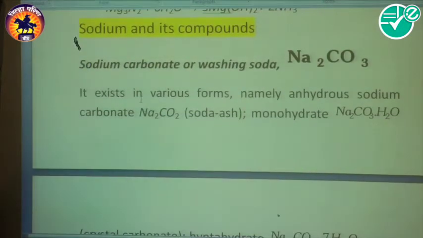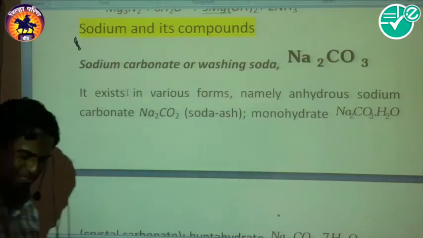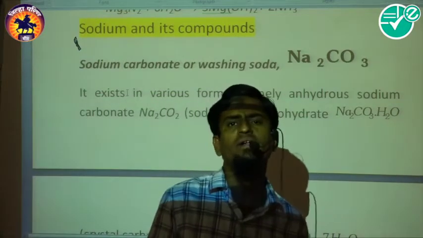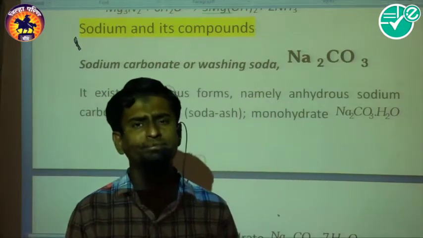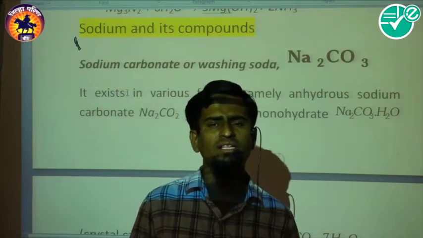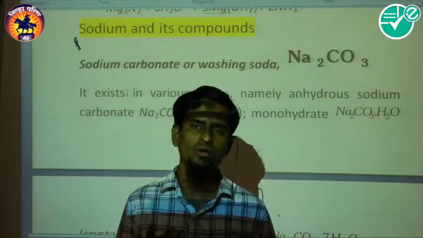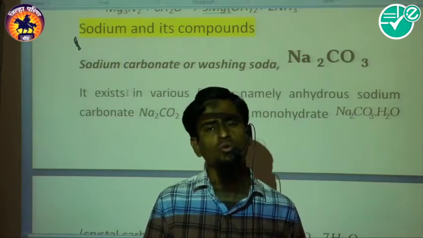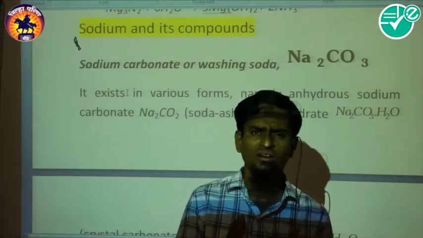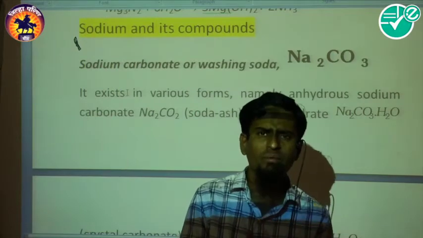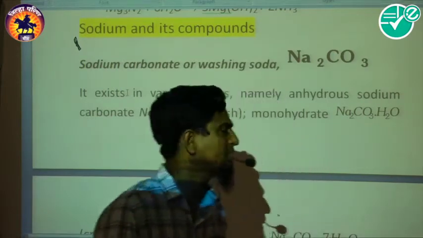Now sodium and its compounds. It is again a very small and short topic for this group 1. In this chapter they have provided 4 compounds of sodium and 4 compounds of calcium which you have to study. Not too many reactions, only how they are prepared, and what their uses and properties are.